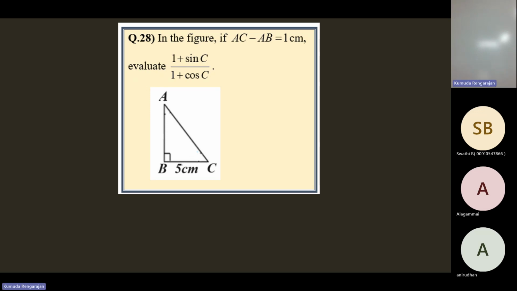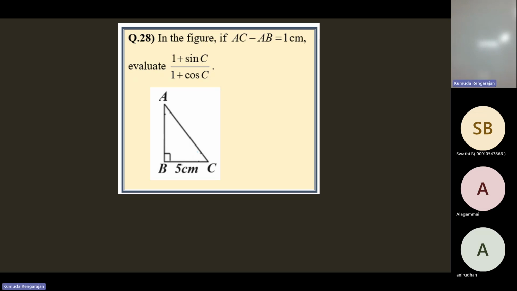What is 18 plus 12? 30. What is C? This is C. What is sine C?